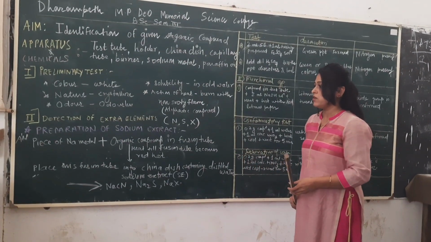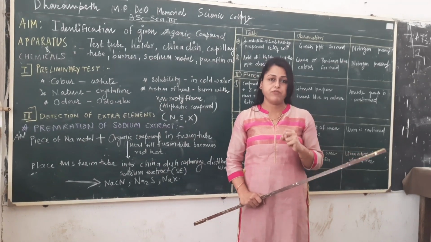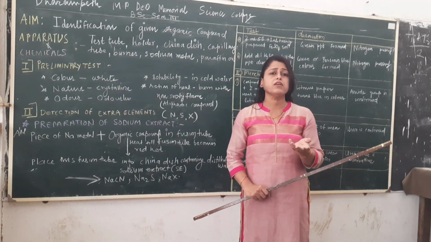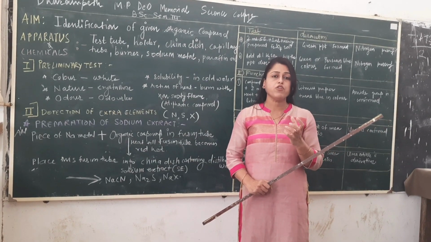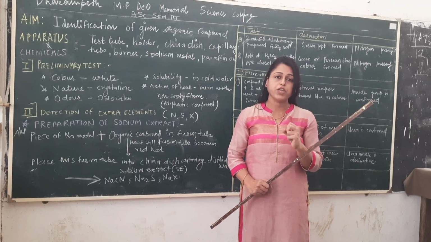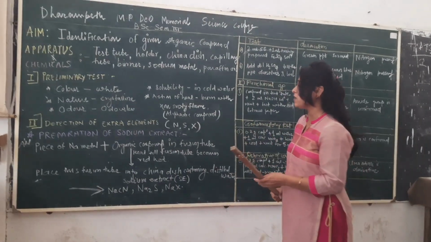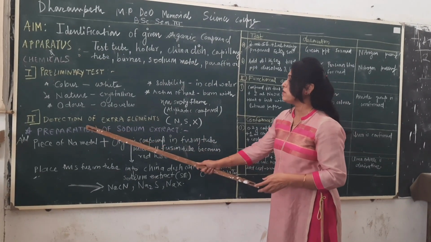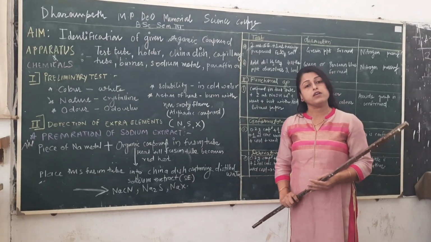If we directly take the given organic compound and perform the different tests, then we will not get the proper result, or it will not give us a clear test. So in order to get a pure test, or make it easier, we first have to prepare the sodium extract from the given unknown organic compound.